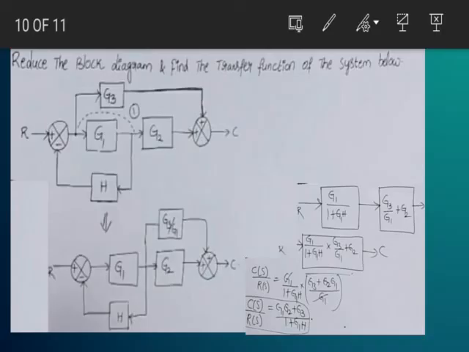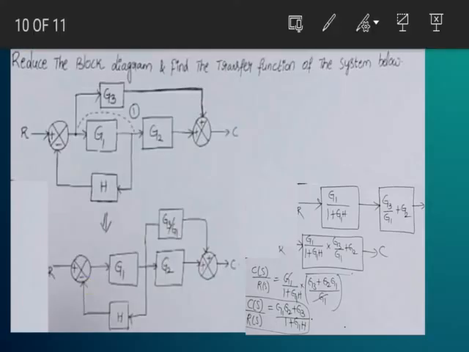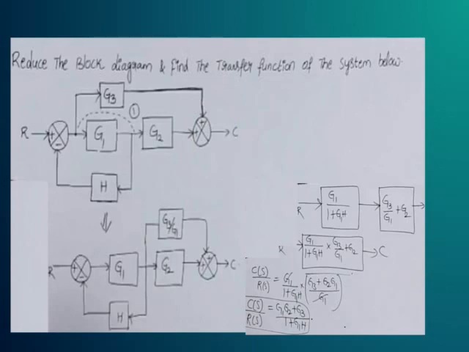See here, G3 by G1 has come, and then we have G1, H and one summing point. It is nothing but a negative feedback. When negative feedback is there, we get G1 by 1 plus G1 H.